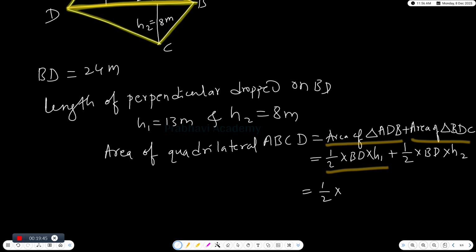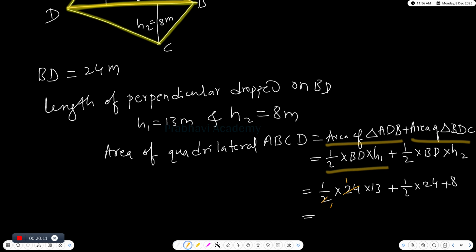So half into BD is already given, that is 24, and H1 is 13 plus half into BD is 24 into H2. What is H2 here? 8.